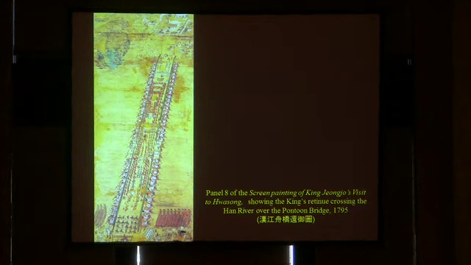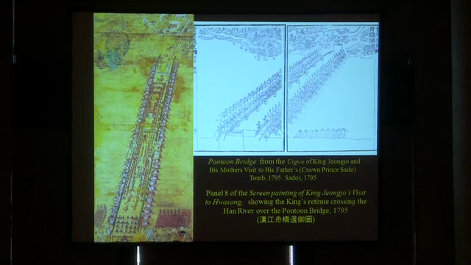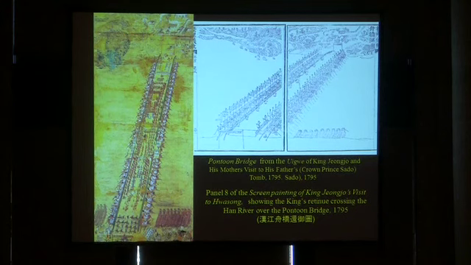Right now, I think there are about 17 bridges, and every day more bridges are being built, so I lost count. Here are 2 pages from the Uigwe put together to show you the pontoon bridge.